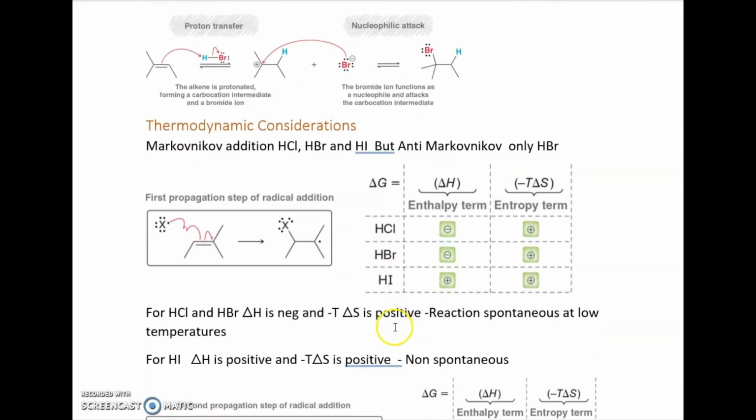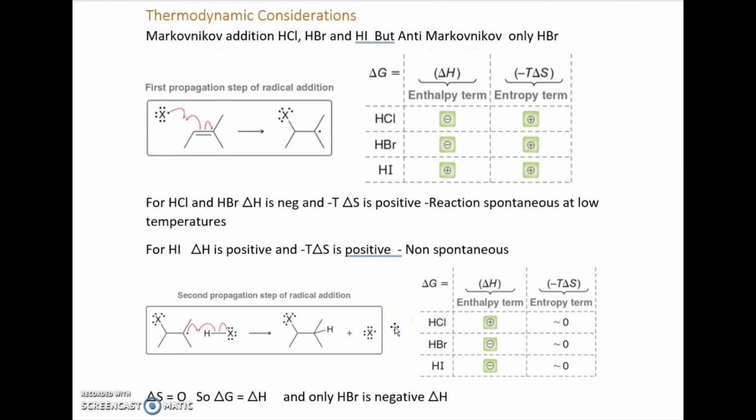So let's look at the thermodynamic considerations of this reaction. When we were doing Markovnikov addition, we were able to use hydrogen chloride, hydrogen bromide, or hydrogen iodide. But for the anti-Markovnikov, we only used the hydrogen bromide, and now we'll find out why. The first step of the propagation is the radical addition to a pi bond. And for hydrogen chloride, the enthalpy term is negative, the entropy term is positive. For hydrogen bromide, negative and positive.